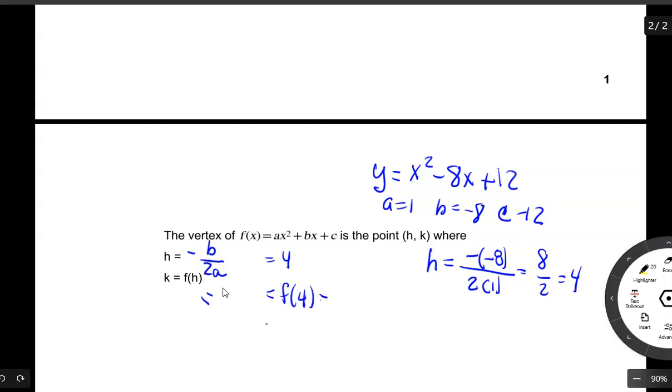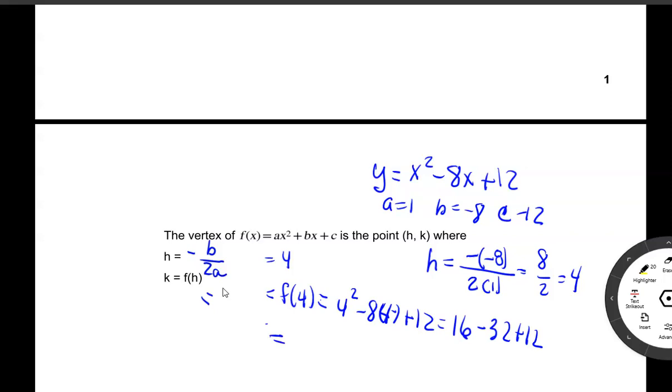And that means we plug 4 in for x, and we get 4 squared minus 8 times 4 plus 12. So we'd have 16 minus 32 plus 12. And hopefully that comes out, let's see, that would be 28. Yeah, that comes out to negative 4. And that was our k from above.